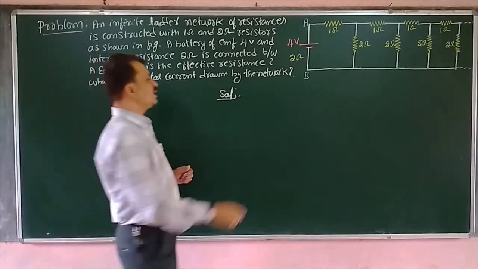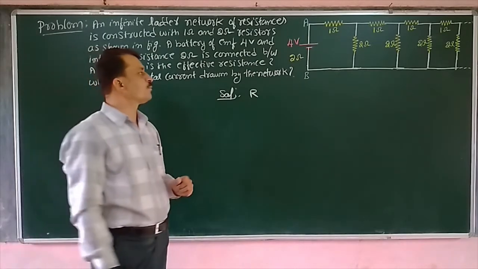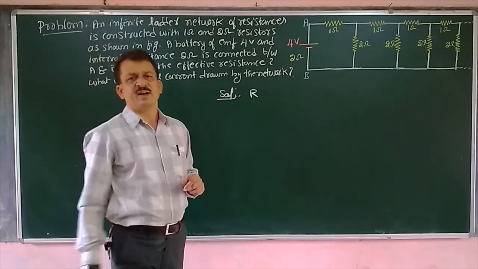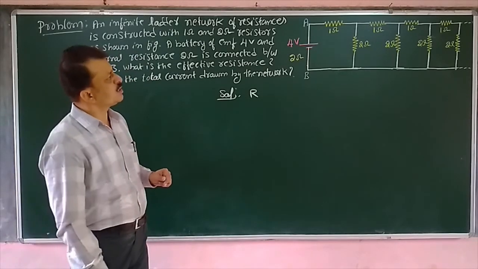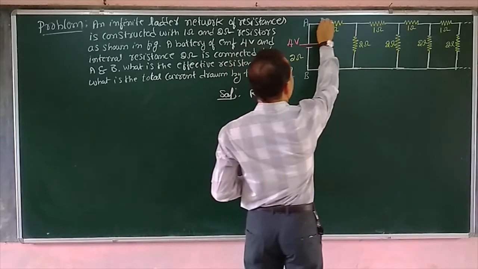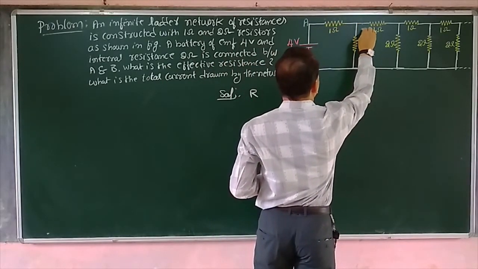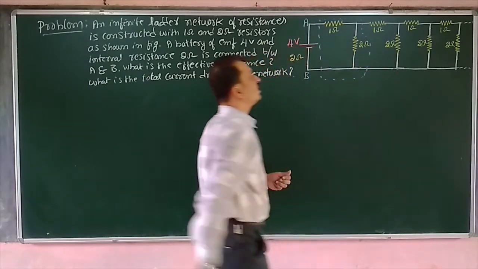Let capital R be the equivalent resistance of the infinite series. What is one unit of this infinite series? A 1 ohm resistor along with a 2 ohm resistor. This is a unit of the infinite series.